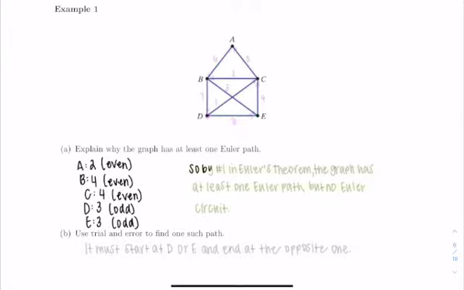So by number 1 in Euler's theorem, the graph has at least one Euler path but no Euler circuit.